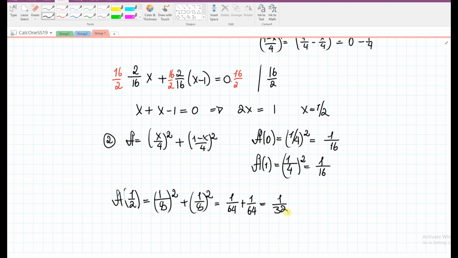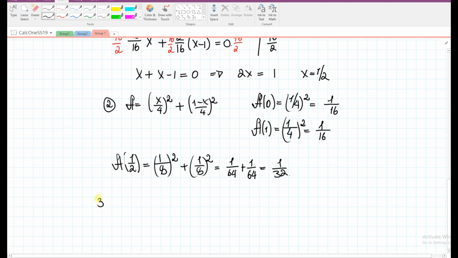Okay. So it means that it reaches its maximum on the borders, right? Either at 0 or at 1. Okay? So it has the minimum at 1 over 2. Okay? That's the conclusion. So third step. The maximum point is x equal to 0 or x equal to 1, right?